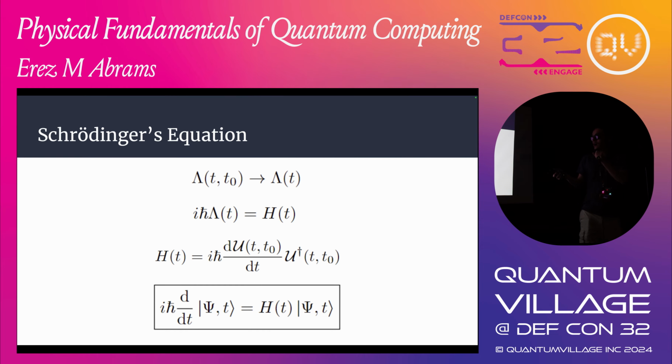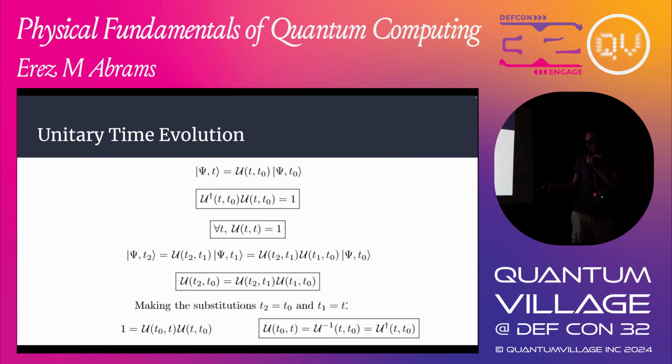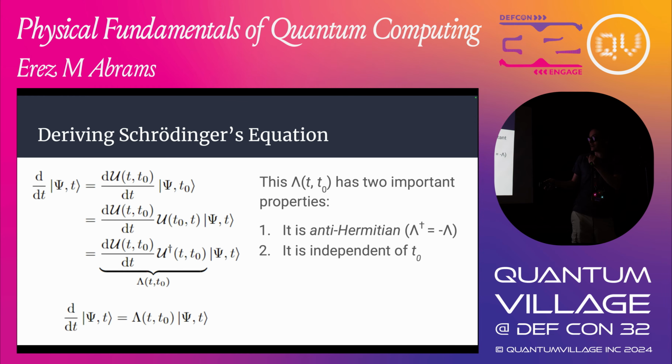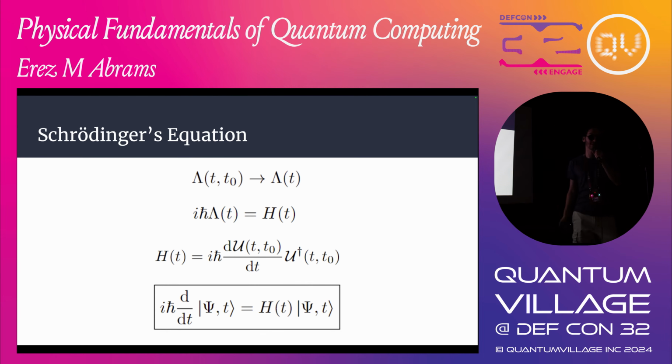Second of all, lambda has units of inverse time, because we derived it by taking a time derivative of a unitless quantity, right? We took a time derivative of this U, and this U has no units. And so inverse time is an okay unit, but by convention, we multiply that by this h bar, which has units of energy times time, so that we get an operator that is Hermitian and has units of energy.